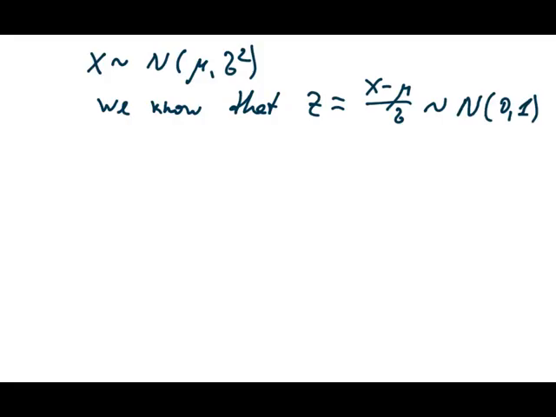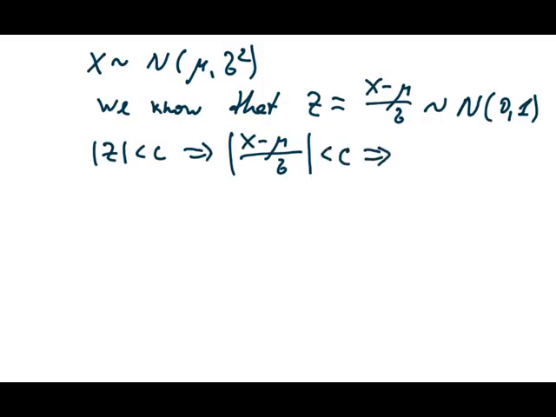This means that z by absolute value less than c implies that x minus mu divided by sigma by absolute value is less than c, or x minus mu by absolute value is less than c sigma.